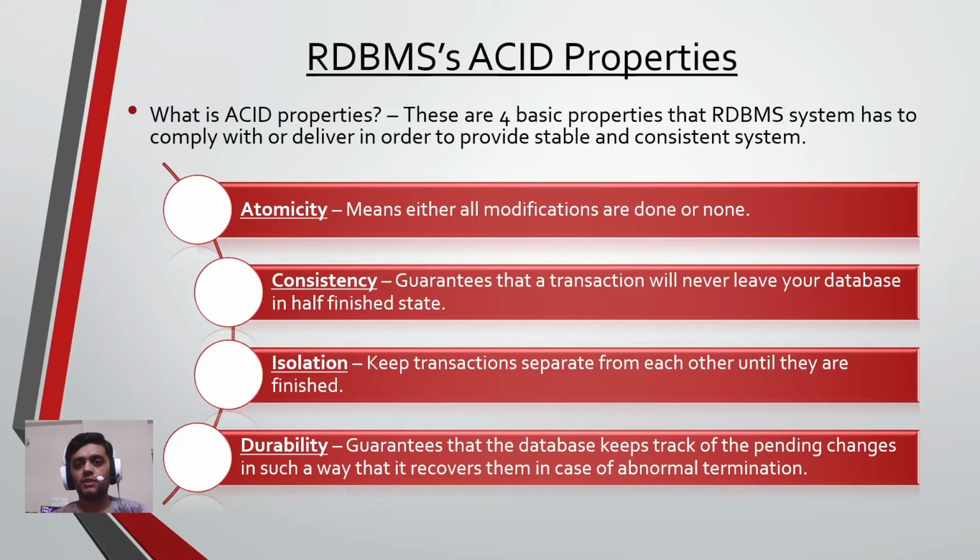And the last property in this list is durability. Durability is to guarantee that your database or RDBMS system is keeping track of all the changes that are happening on your system, right? So in case of any abnormal termination, the RDBMS system will check this change tracker where all the changes have been recorded, and it will check whether a particular transaction was successful or not.